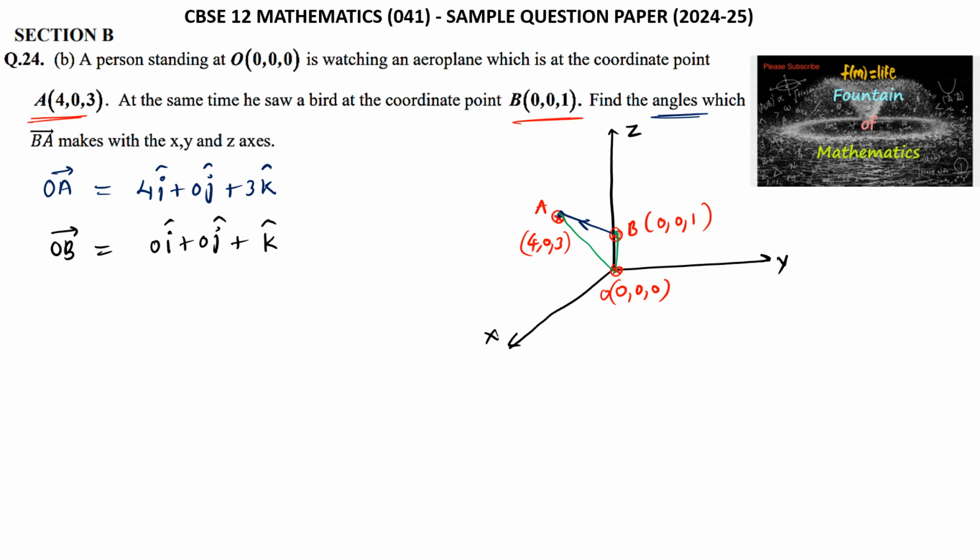Now the vector BA is equal to OA vector minus OB vector.